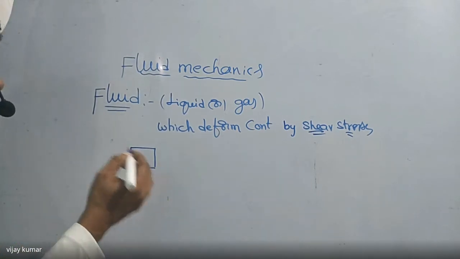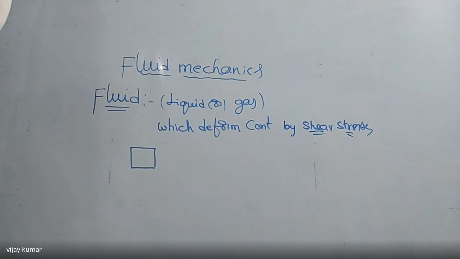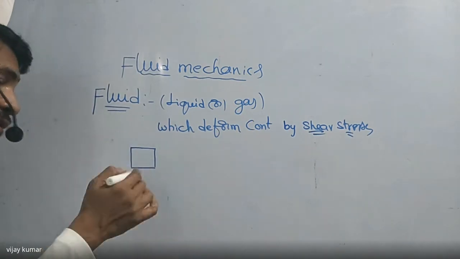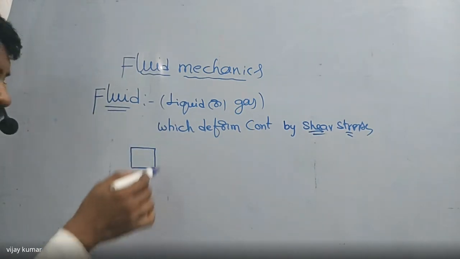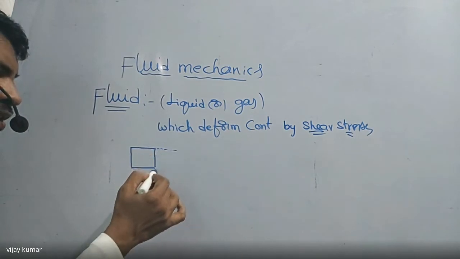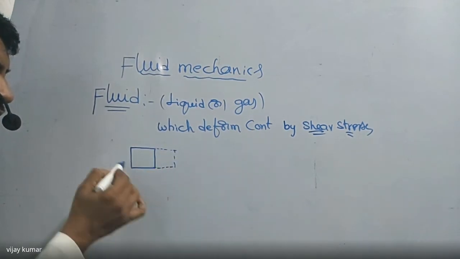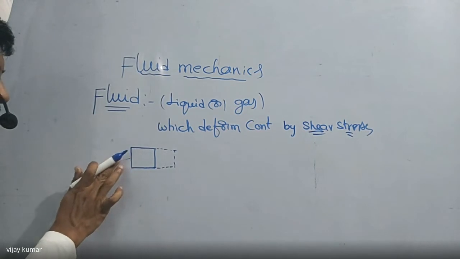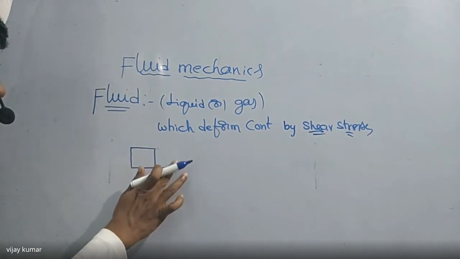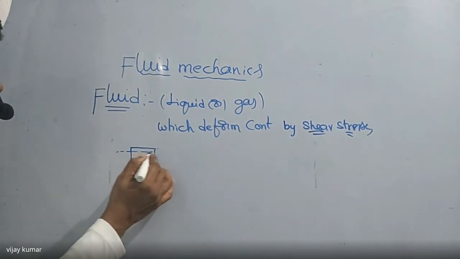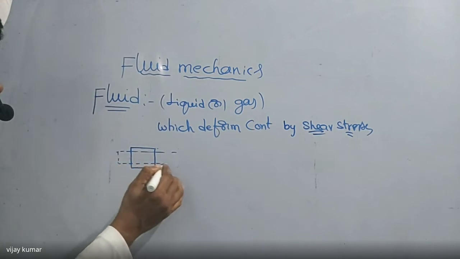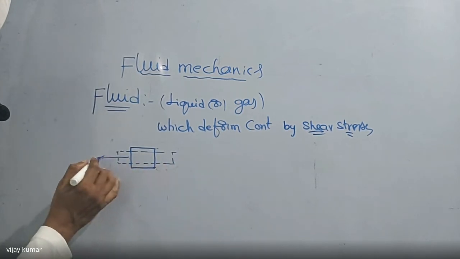Suppose the material is deformed by the application of external force and you remove the external force, this is the deformation of the material after application of the force.